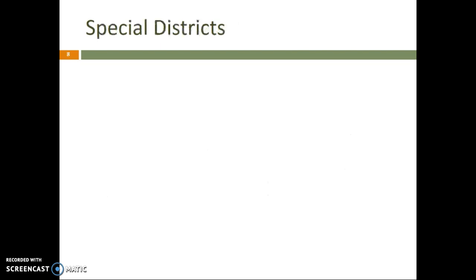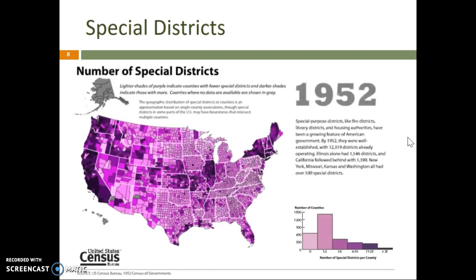One thing that is slightly interesting is that special districts have become more and more common as a type of local government structure over past years. Here's a graph that shows you the number of special districts in 1952.